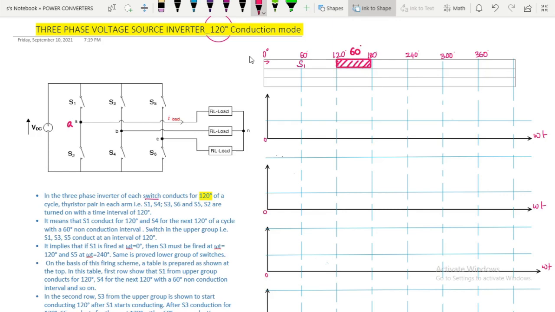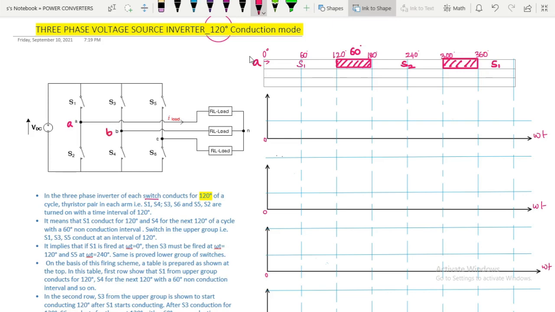After this, S2 will start conducting for 120 degrees, and after that there will be a non-conducting interval of 60 degrees, and again S1 starts conducting.